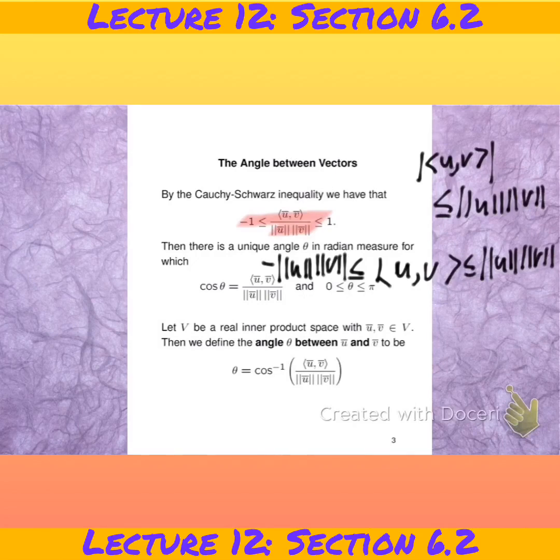Okay, and basically that then means that dividing on both sides by the norm of u multiplied by the norm of v, provided that neither the norm of u nor the norm of v is equal to 0, you get then that the inner product of u with v divided by the norm of u multiplied by the norm of v is at most 1 and at least -1.